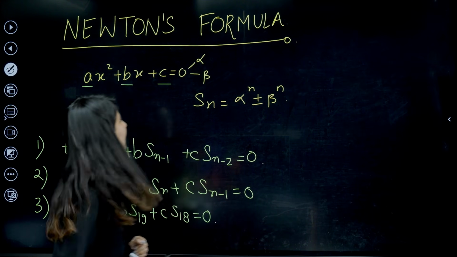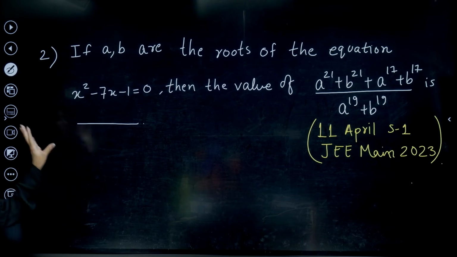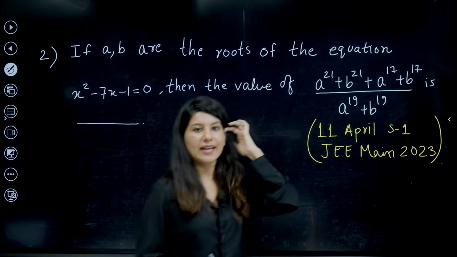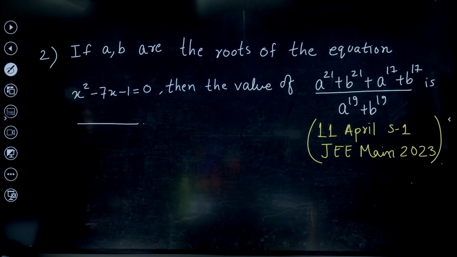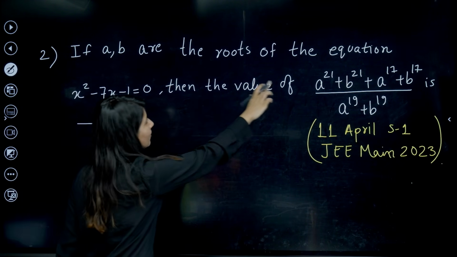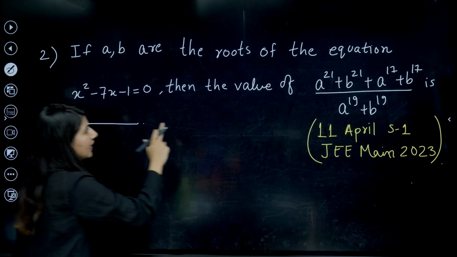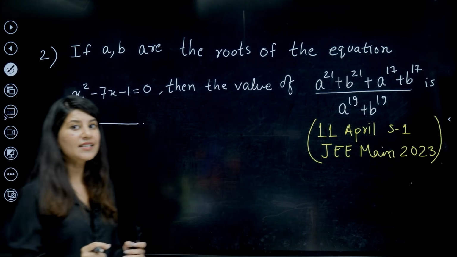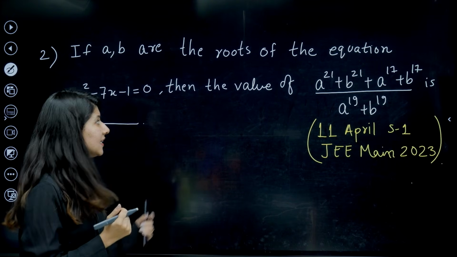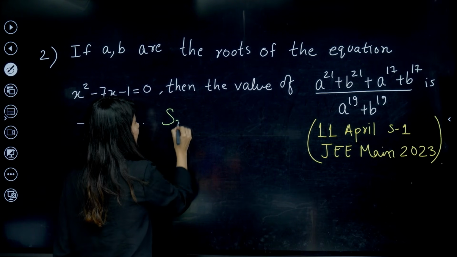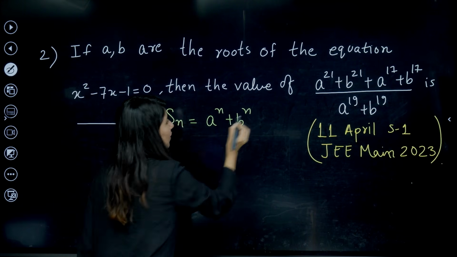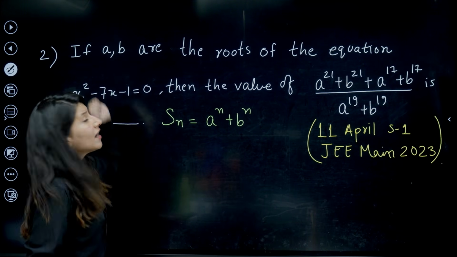Now let's understand the question. First of all, let's do the JEE Main 2023 question. If a, b are the roots of the equation given here, then we need to figure out the value of this. First of all, let us define our Sn. Sn will be nothing but clearly a raised to power n plus b raised to power n, because here a and b are the roots.